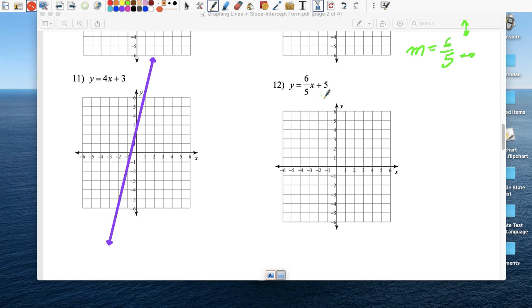And this crosses the y-axis at positive 5. It crosses right here. So we know it goes up. Well, I don't have room upstairs, so I'm going to go down. So let me count 6 down. 1, 2, 3, 4, 5, 6. And then I'm going to go left. 1, 2, 3, 4, 5. So I only have room for 2 points.